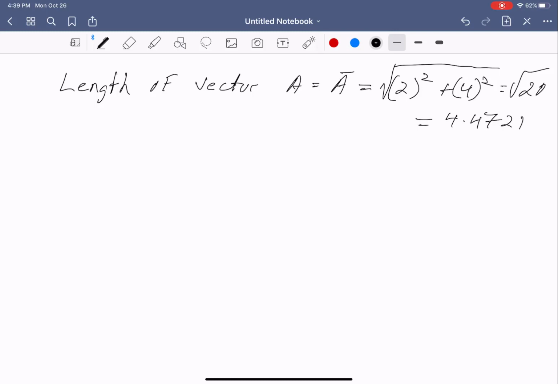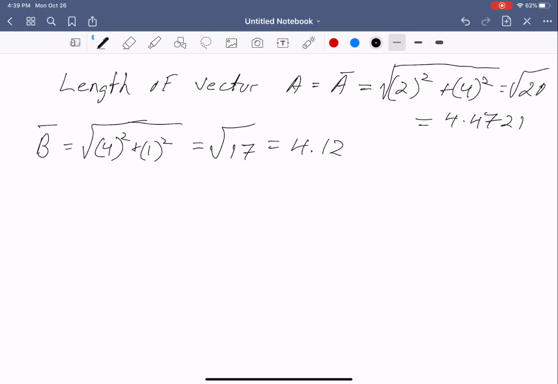And the length of B is the square root of 4 squared plus 1 squared, which is equal to the square root of 17, or 4.123.